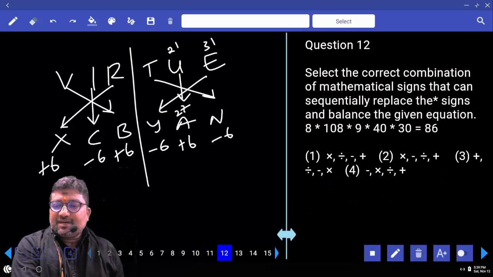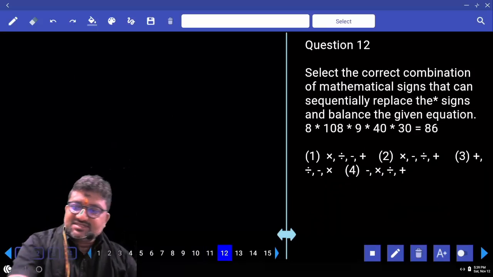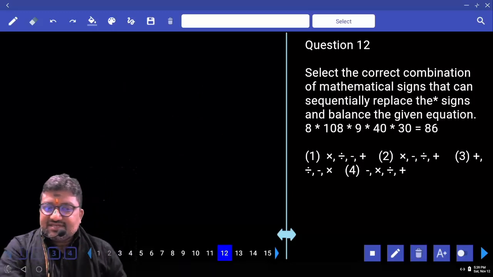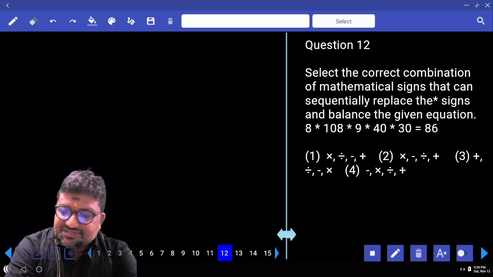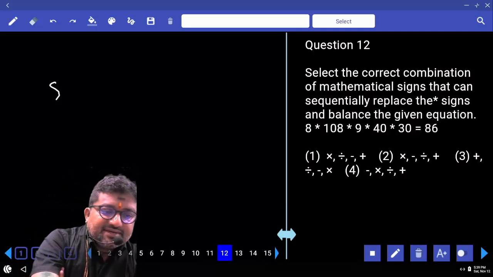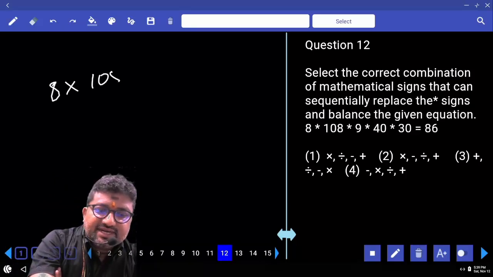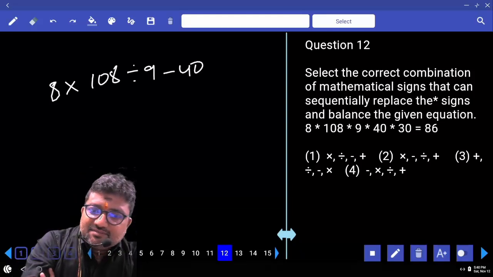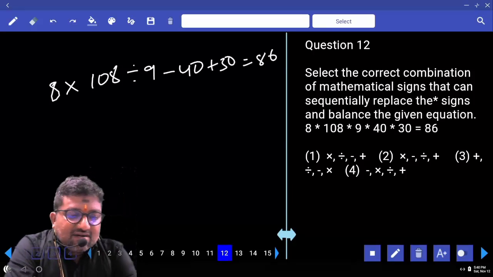What's happening here? Select the correct combination of mathematical signs that can sequentially replace the star signs and balance the given equations. 8 into 108, I'm going with the first option, divided by 9 minus 40 plus 30 should be equals to 86.